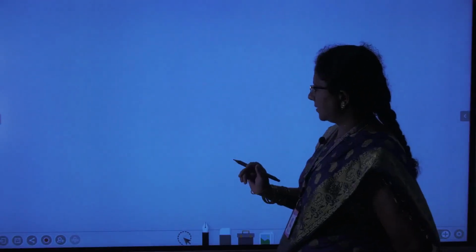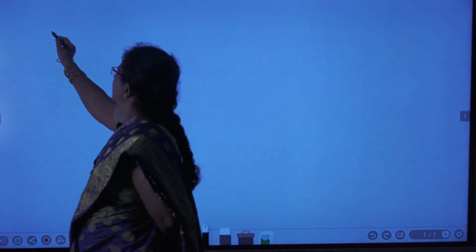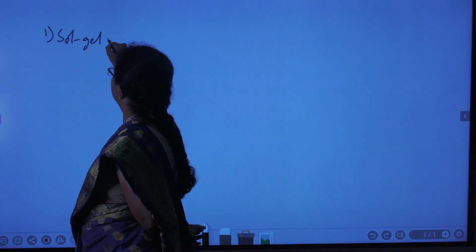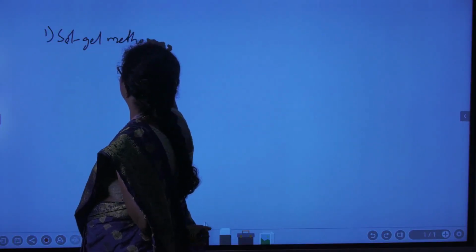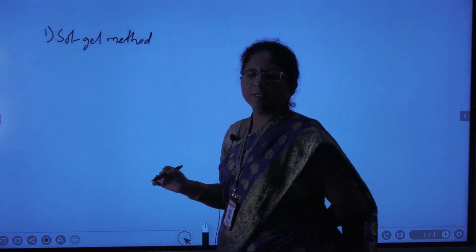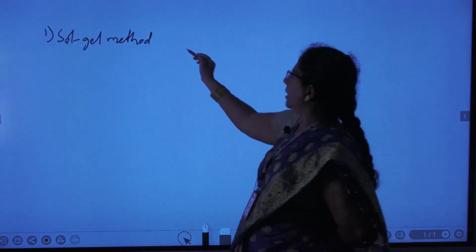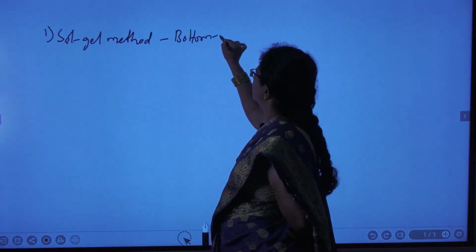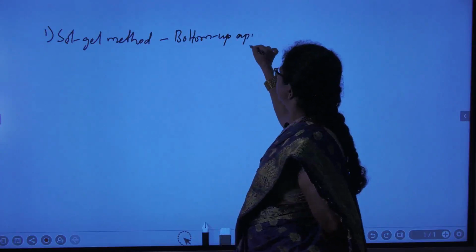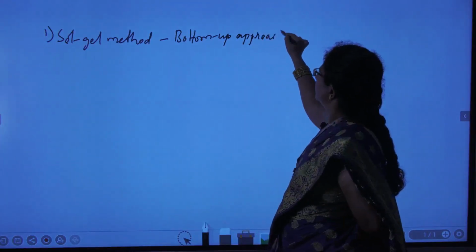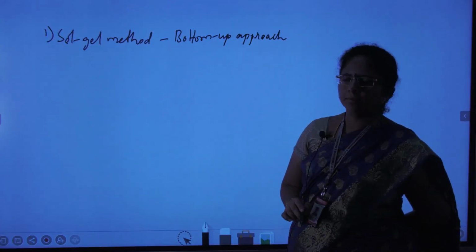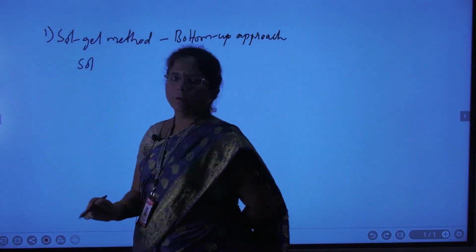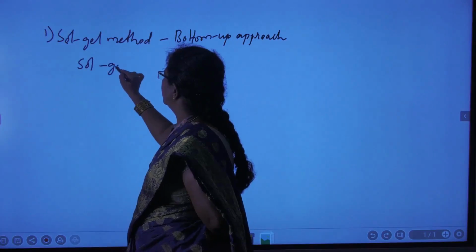Now coming to the synthesis of nanomaterials. In the earlier class we discussed the sol-gel method. The sol-gel method of preparing nanomaterials comes under the bottom-up approach. Here we prepare a sol, and this sol will be formed into gel.